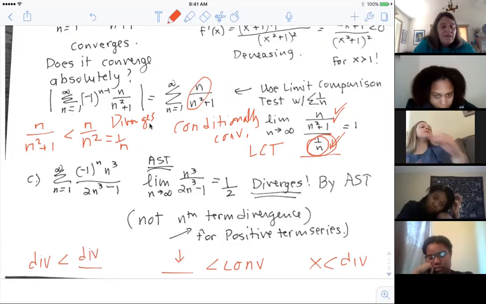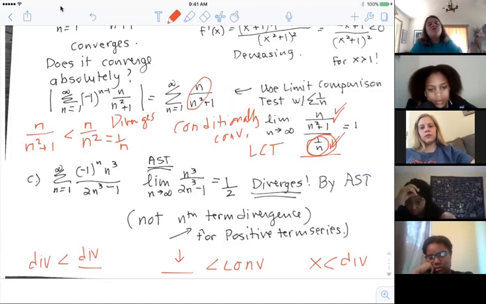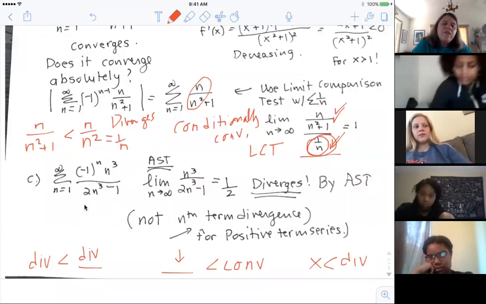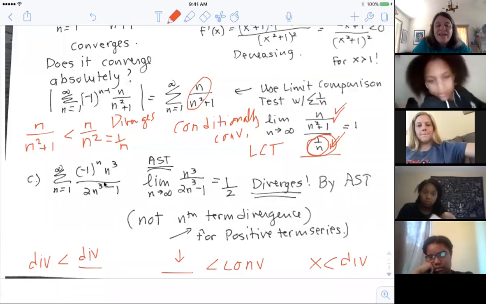Okay. The last one was just a little picky point that I made. When you use the nth term divergence test, you're using it on a positive term series. This was not a positive term series. It was actually an alternating series. And it's part of the alternating series that failed here. The alternating series has to have the a_n go to 0.